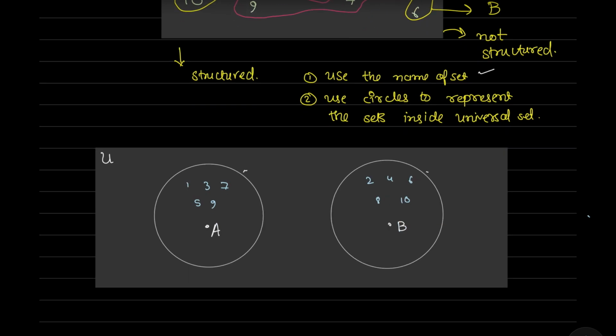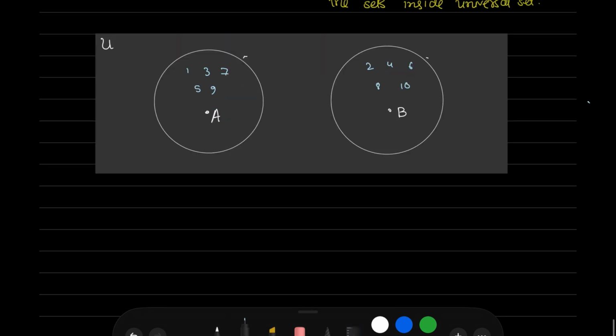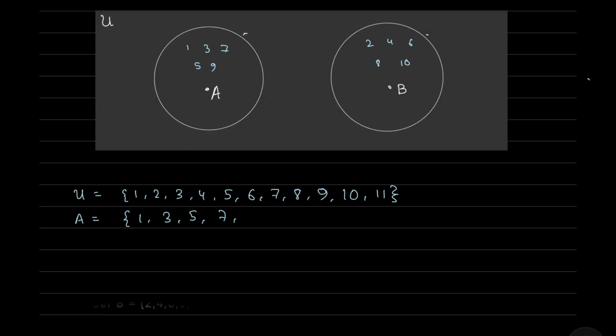Now let us see some more examples that we can write using this. For example, suppose I include another element. We have U equal to 1, 2, 3, 4, 5, 6, 7, 8, 9, 10, 11. Alright. I write set A as all the odd numbers 1, 3, 5, 7, 9, 11.